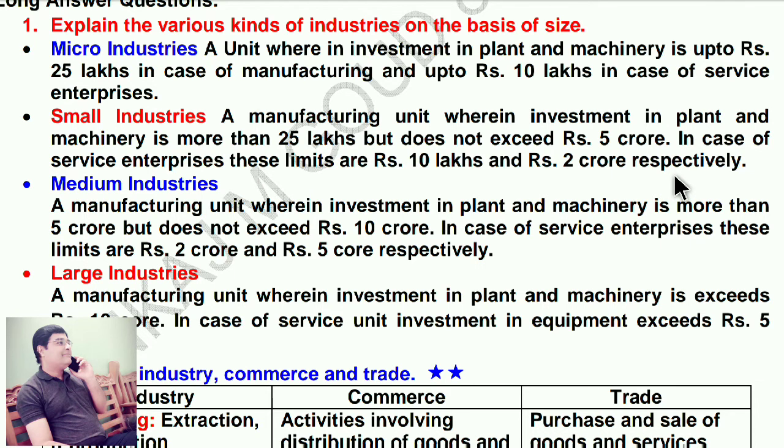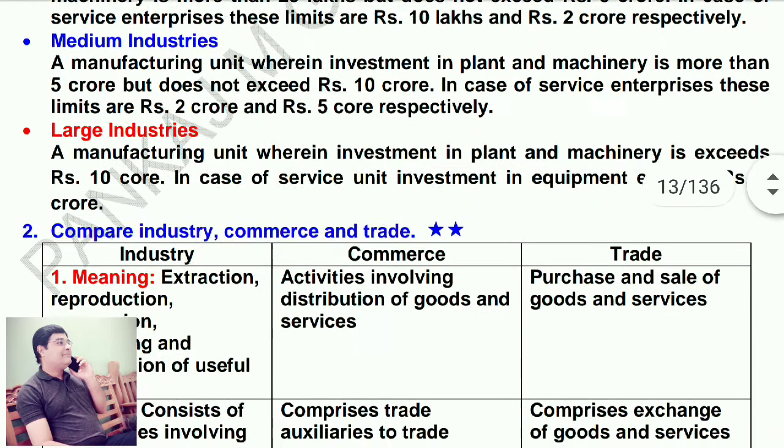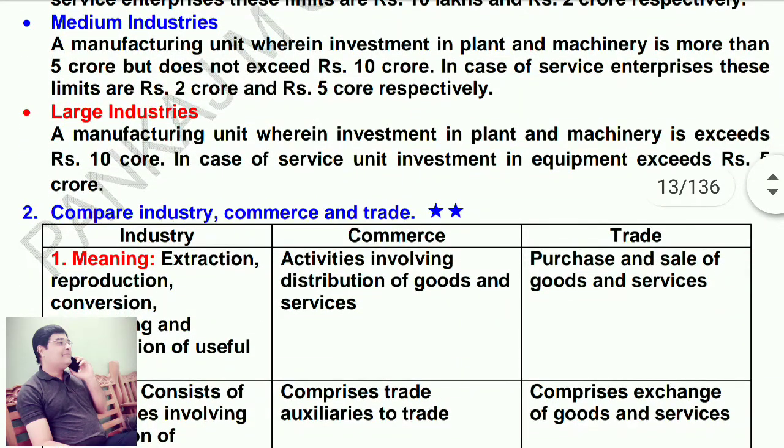Now move on to medium enterprise or medium industries. A manufacturing unit wherein investment in plant and machinery is more than 5 crore but does not exceed 10 crore. In case of service enterprise, these limits are rupees 2 crore and rupees 5 crore respectively.